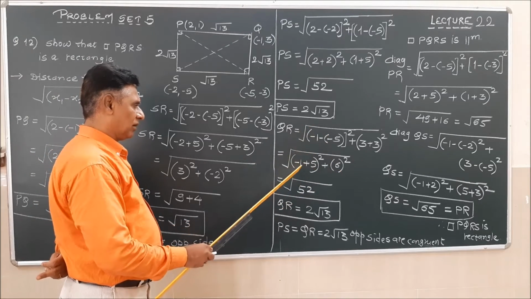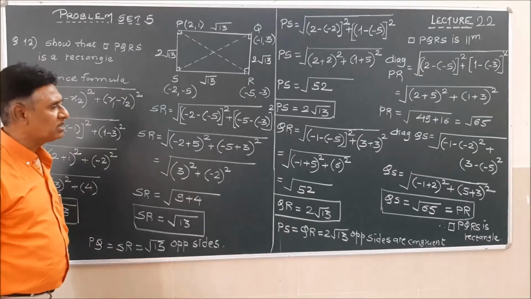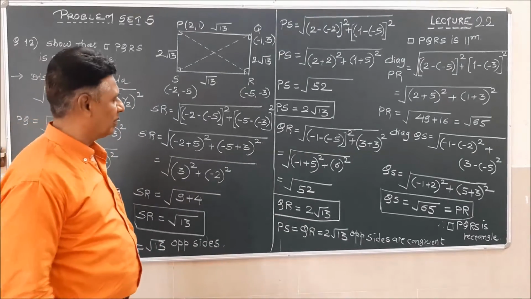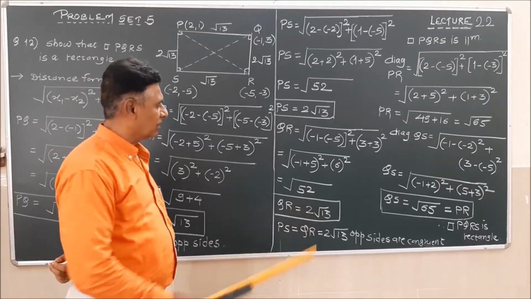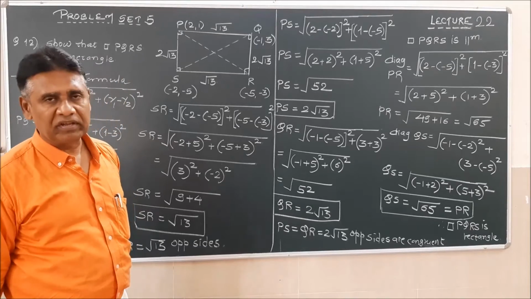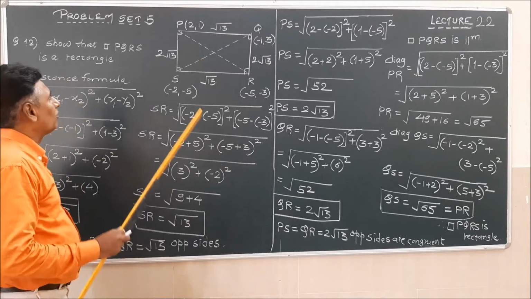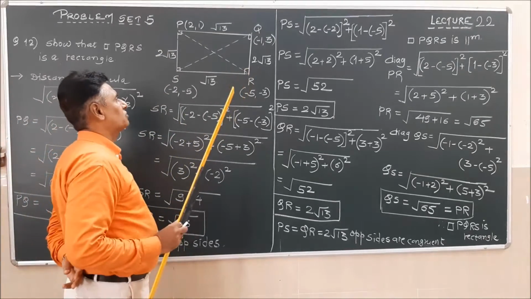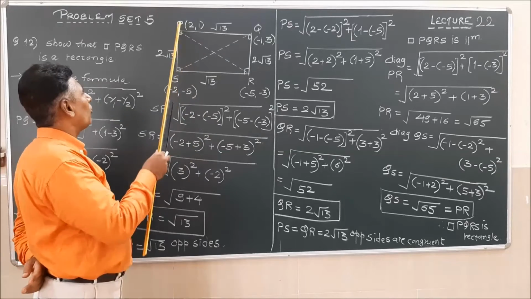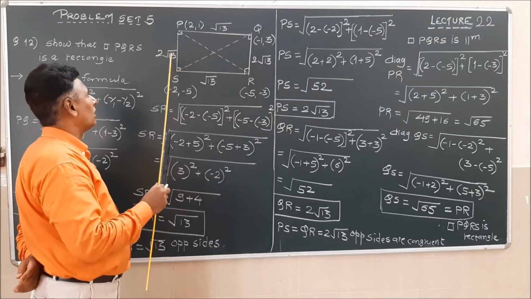Plus 5 minus 1 is 4, so 4 square is 16. 16 plus 36, again we get 52 and root of 52 is 2 root 13, because we can split 52 as 13 fours. So PS we got as 2 root 13 as well as QR also 2 root 13. So the pair of opposite sides namely PS and QR are 2 root 13 each.